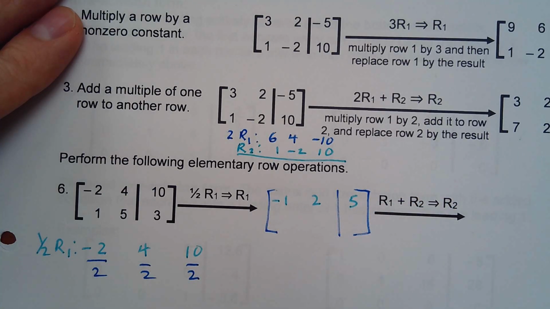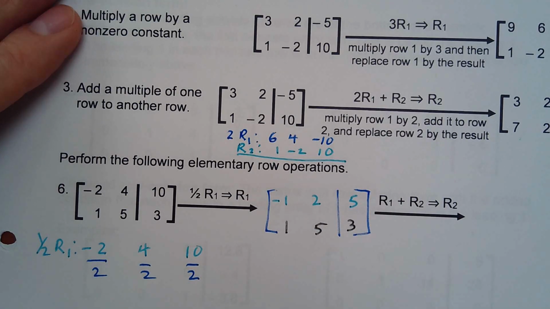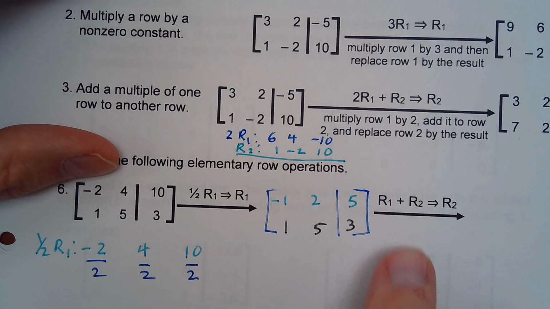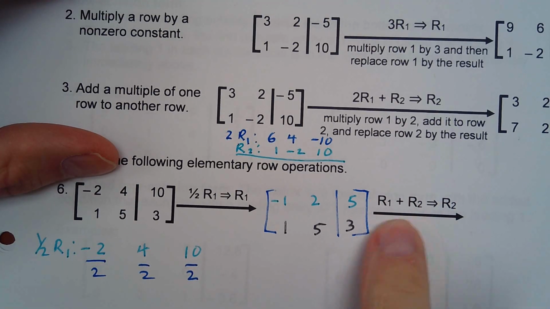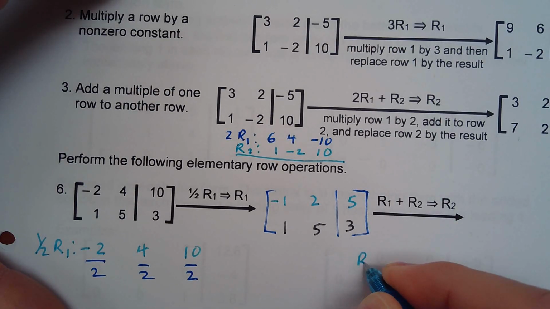Going to copy down row number 2. Next, I'm going to add row 1 and row number 2 together. So I'll just do it down here real quick.